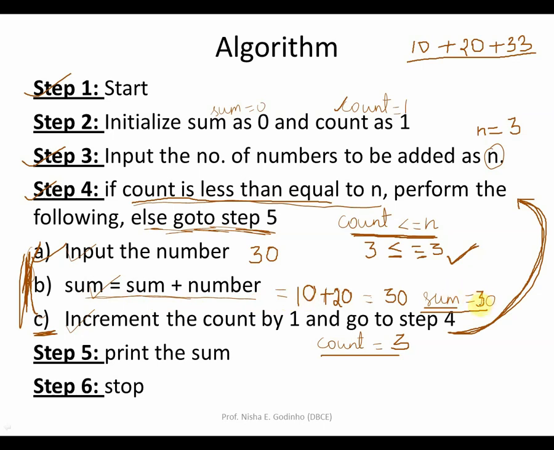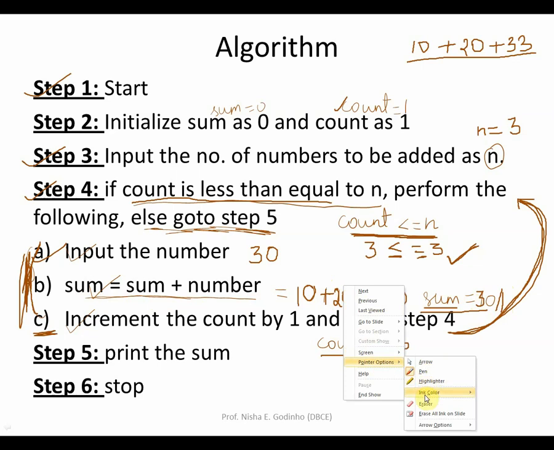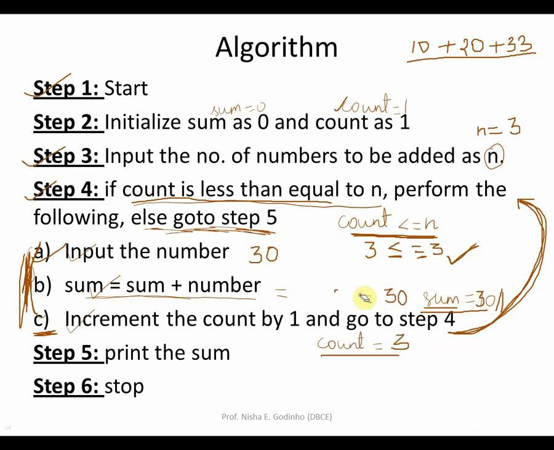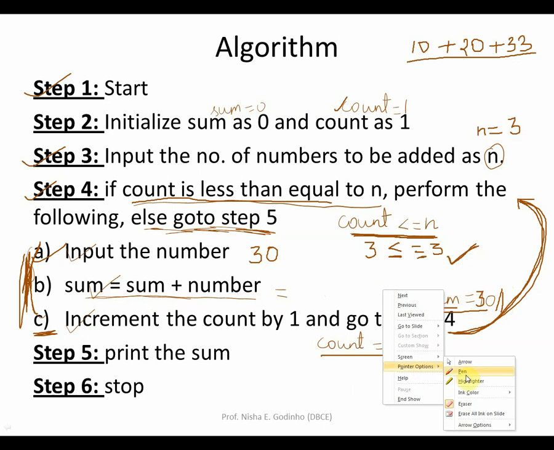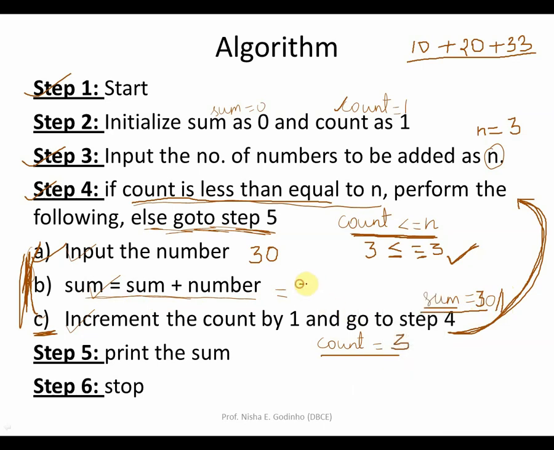Now sum in the previous case was 30. If you see over here, the sum was 30. So we'll erase this full equation and we'll write it once again. So it will be 30, previous sum is 30, plus the number to be taken as input, which is also 30.